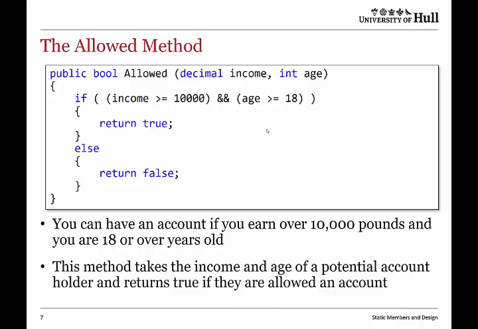Because we're nice like that, okay? So this is like a bouncer really. You can't come into my club unless you meet certain conditions, no trainers and all that kind of stuff. Income's bigger than 10,000 we like, age is bigger than 18 we like.